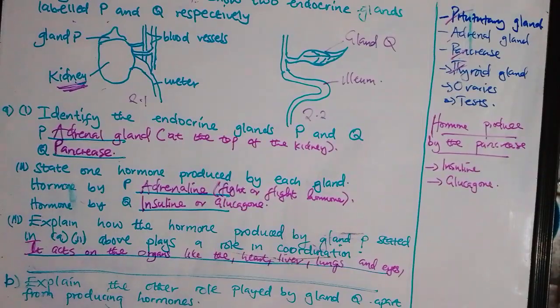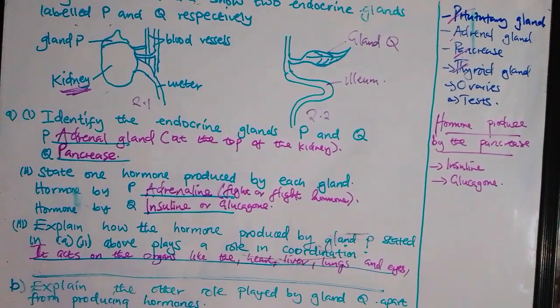So we are saying that it acts on how many organs? The heart, liver, lungs, and the eyes. It does different things to these 4 organs. Now what can you say?